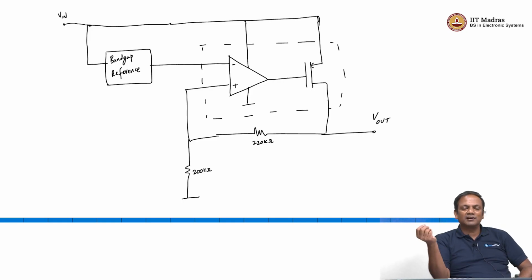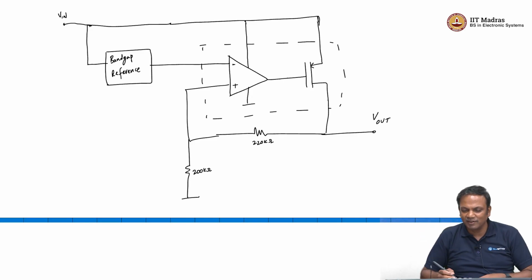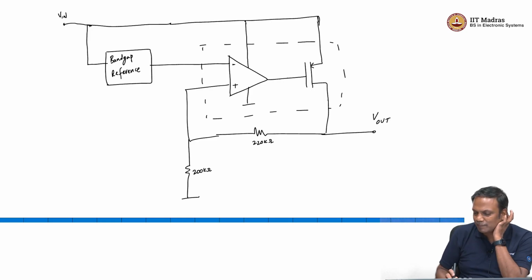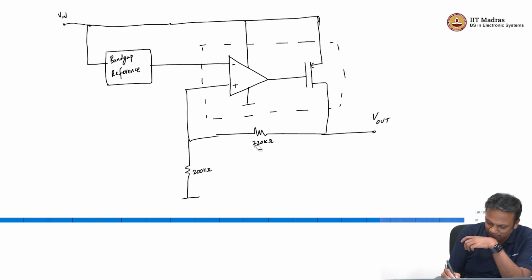Now, the band gap reference does not have any dependency on the input voltage, which means that my line regulation problem is now completely addressed, right. So, my line regulation now, if I were to calculate, and for the purposes of this calculation I am going to assume that I want a typical voltage of 1.8. So, let us just play with these numbers a little bit.